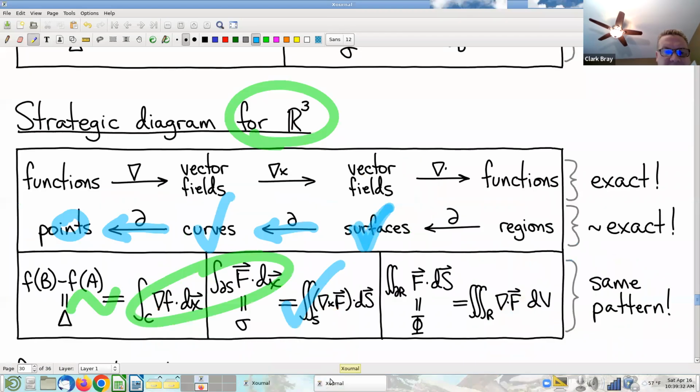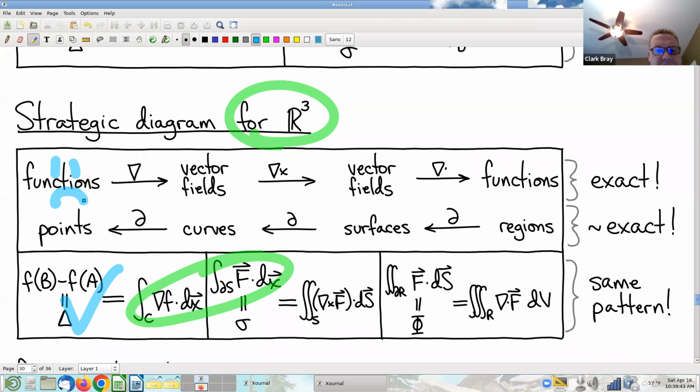So let's go back to the diagram. Yes, I can use this theorem, but I don't know how to find that anti-gradient function. Yes, I can use this theorem, but I don't know how to find that anti-boundary surface.